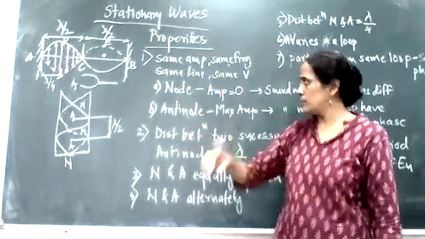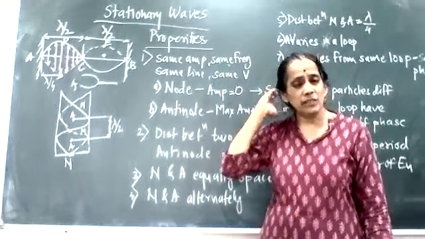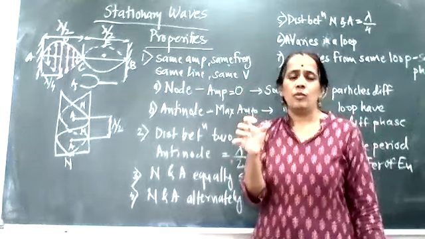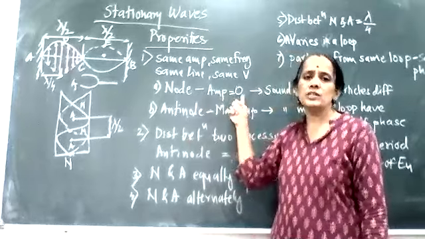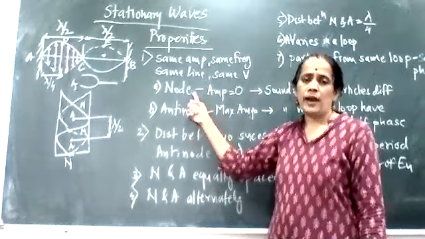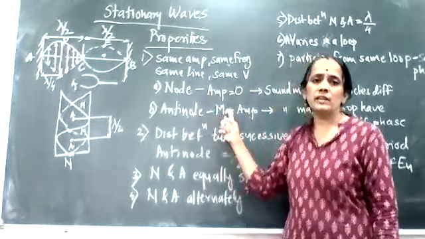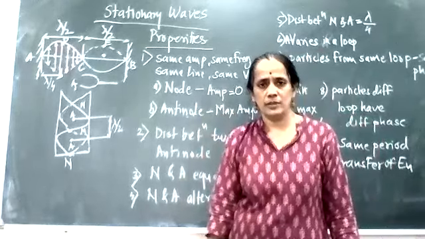That is number one. Number two: when a stationary wave is formed, some of the points whose displacement of vibration is zero, or amplitude is zero, are called node points. And some of the points of the particles will vibrate with maximum amplitude, which are called antinodes.